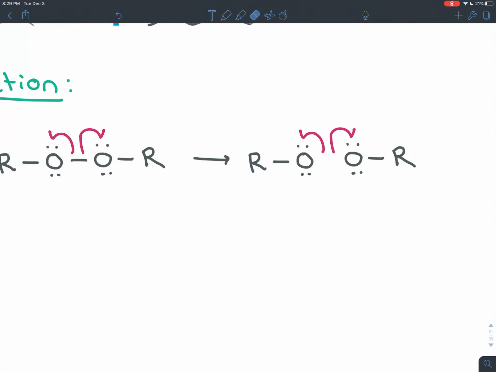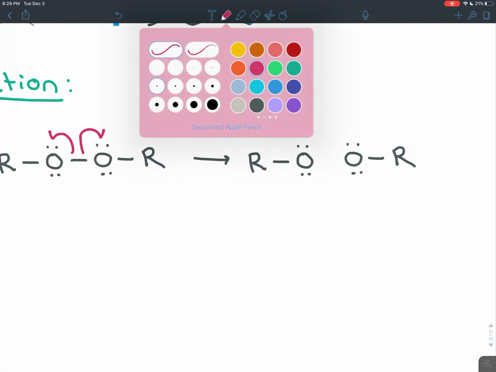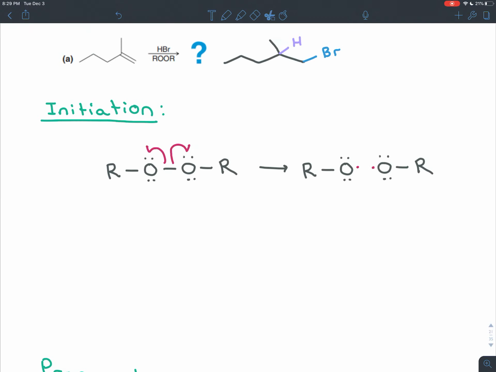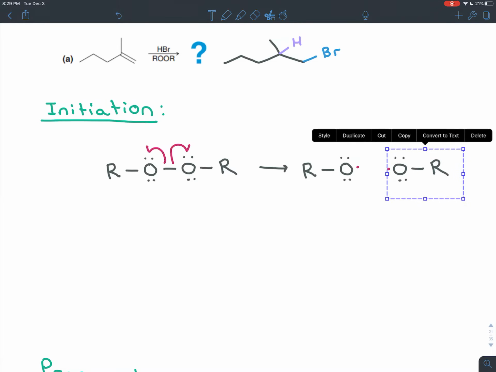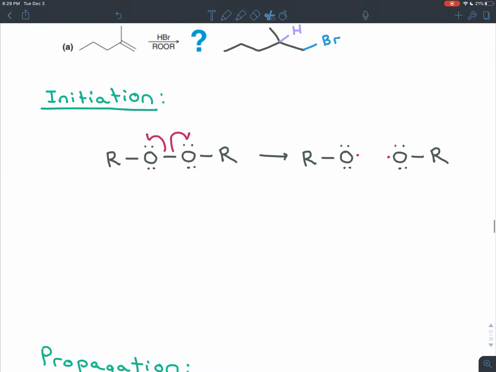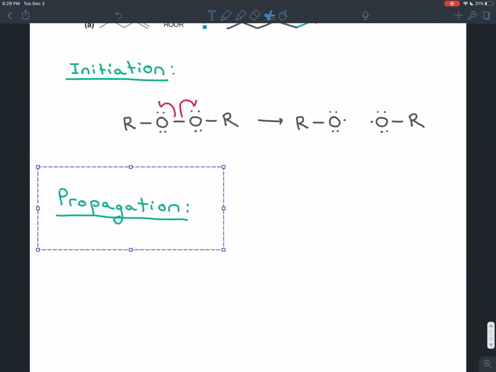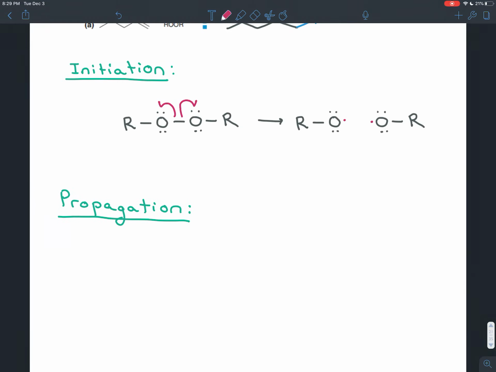So that bond breaks, we get a radical on each of the oxygens, and so we end up with two radicals. So that's the initiation step, the creation of radicals through homolytic cleavage. And in this case, we're making them just with heat.